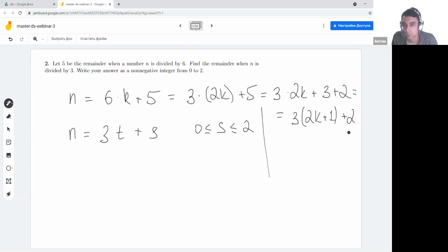So we see that actually when divided by 3, the remainder is 2. And this is the answer, quite simply.